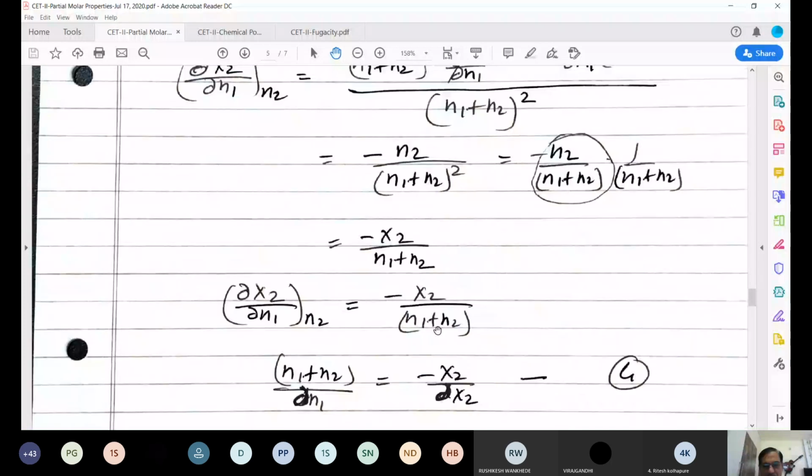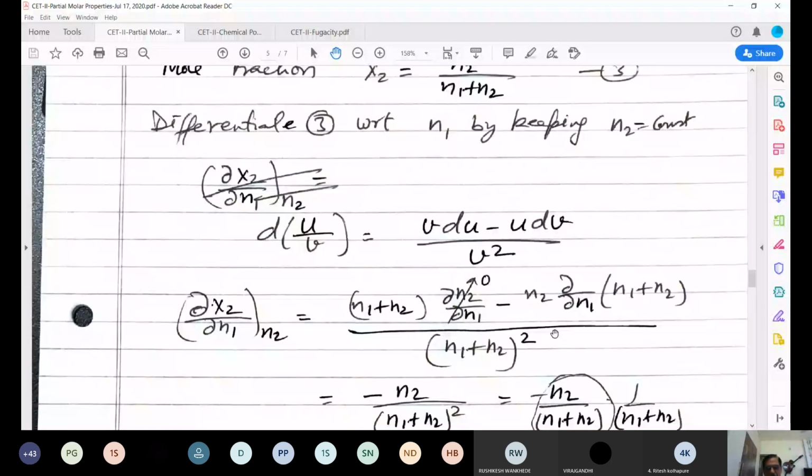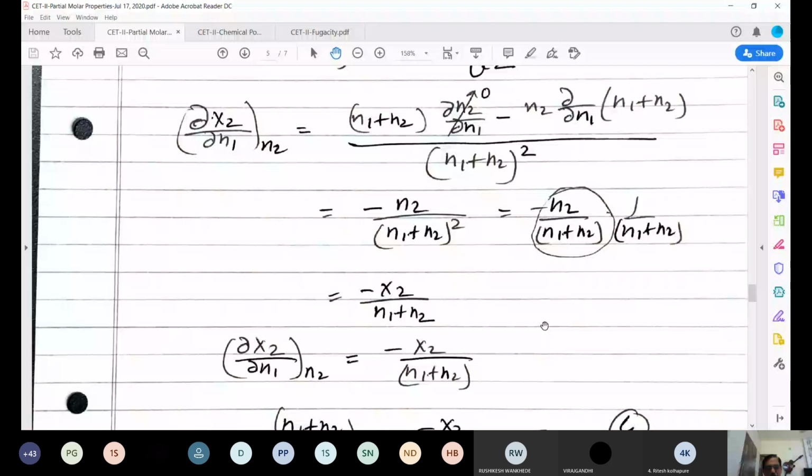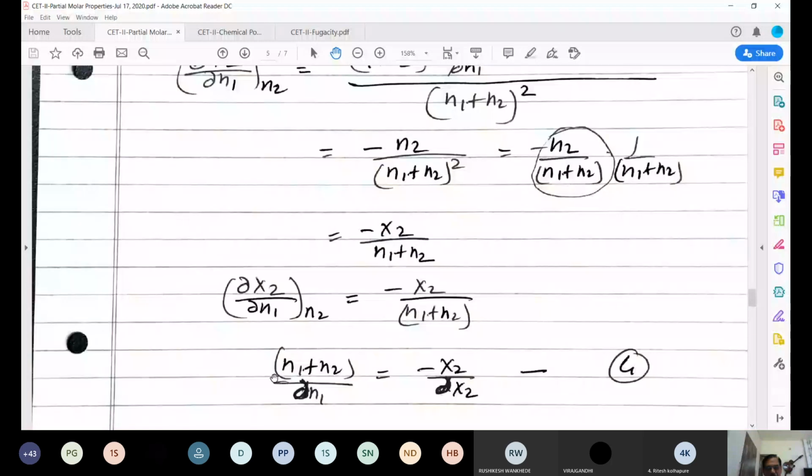We want to substitute this in the equation number 2 given above. So we want to replace this term, N1 plus N2 upon dou N1, which is equal to minus X2 upon dou X2, in the other equation.